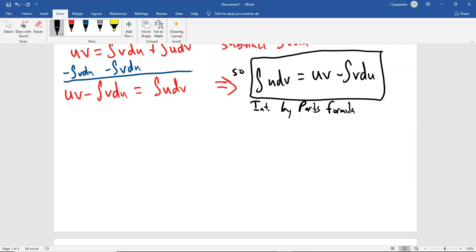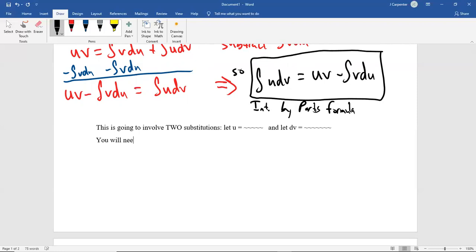All right, so this is going to involve two substitutions. We'll have a let u equals blah blah blah, and we will have a let dv equals blah blah blah.